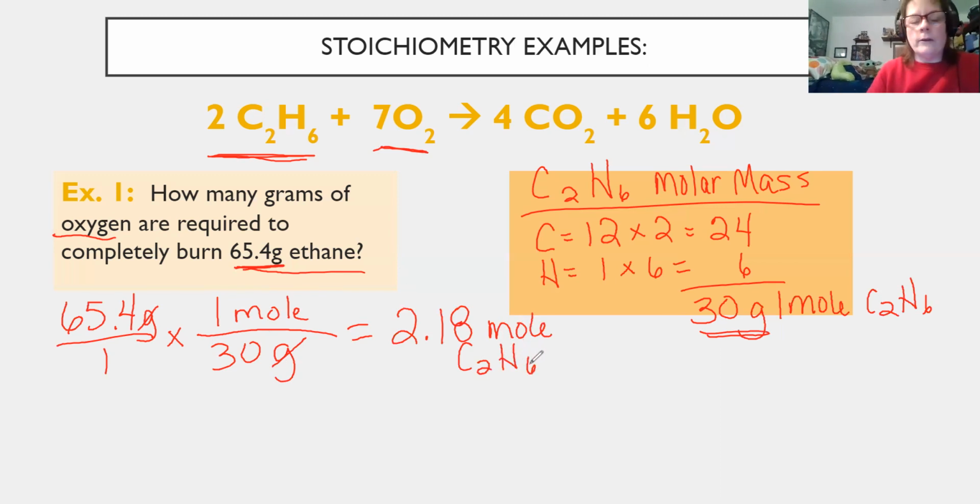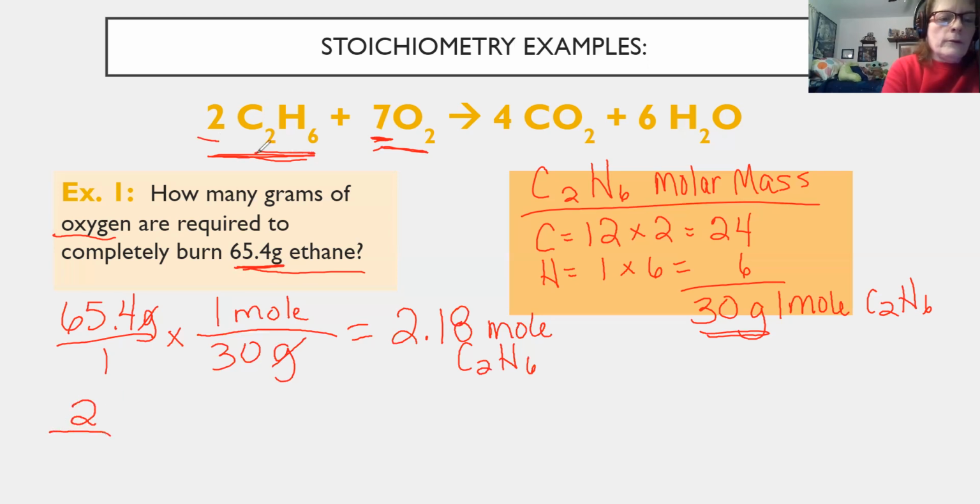Now we can compare our ratios, because we know that there are 7 moles of oxygen for every 2 moles of C2H6. So 2 moles of C2H6 to every 7 moles of oxygen.